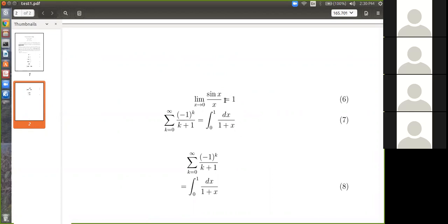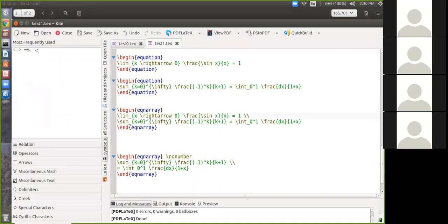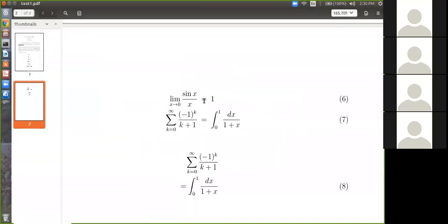But if you want the equal signs to be in the same position, so that it looks good, what you will do is just put an ampersand here, and compile. Okay, you can see the equal signs are in the same place now.